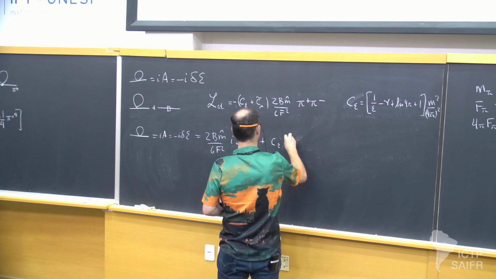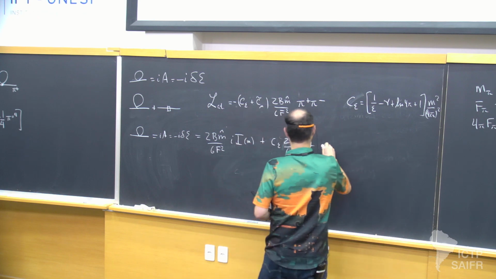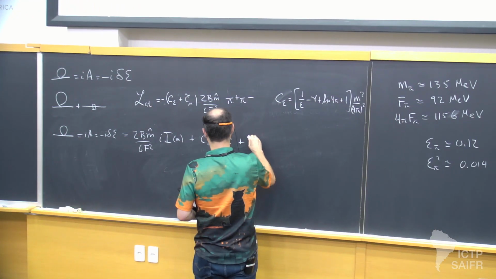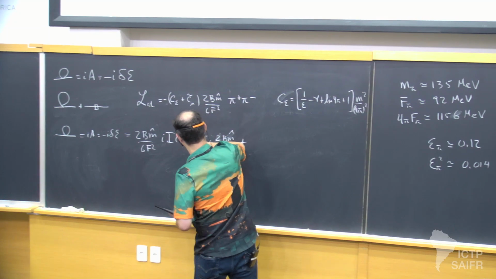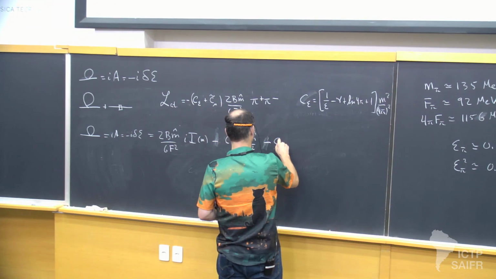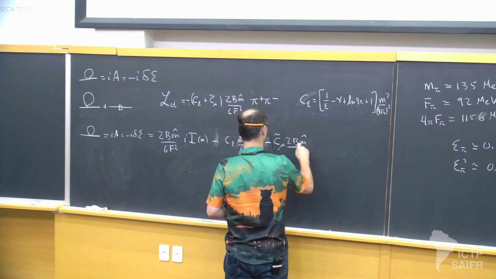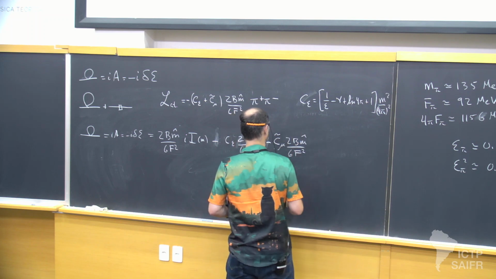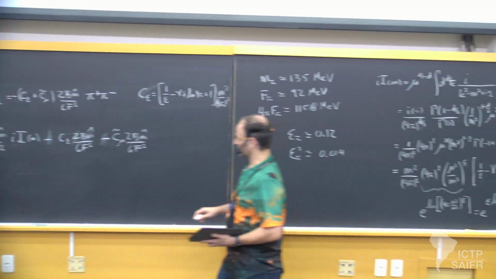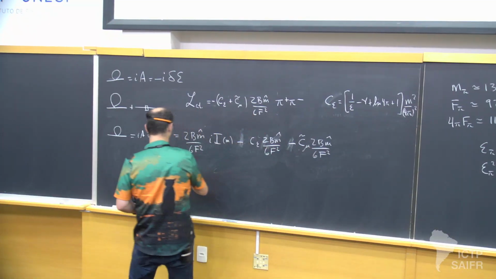The C epsilon times 2B, sorry, it's minus because of the minus sign. And so now this will cancel all the divergent parts.